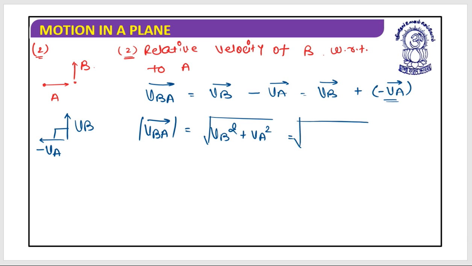Yes, this is under root of 20 square plus 40 square, which is 2000, and when I write 2000, it is 20 root 5, 400 into 5. It's 20 root 5. So magnitude wise it is the same. Even when I found the relative velocity of A with respect to B, the magnitude was the same.